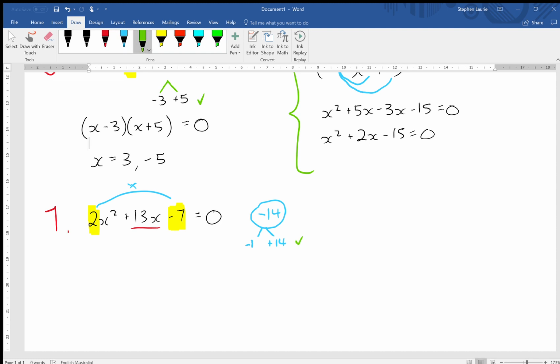Alright, so what we do is we take these two factors and use them to help us rewrite the question with 4 terms instead of 3 terms.